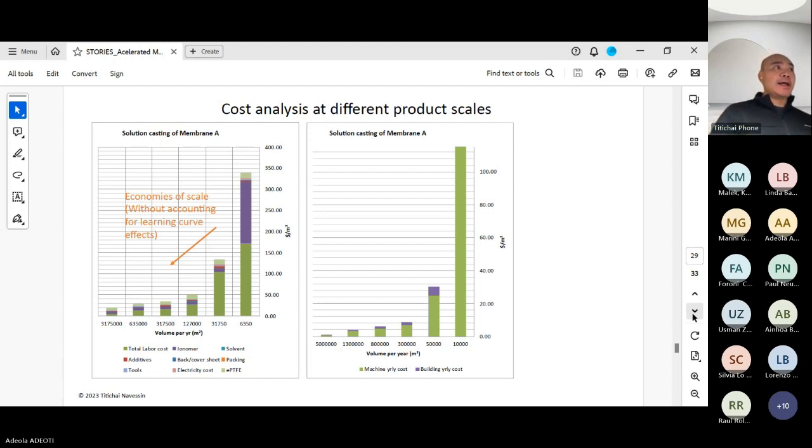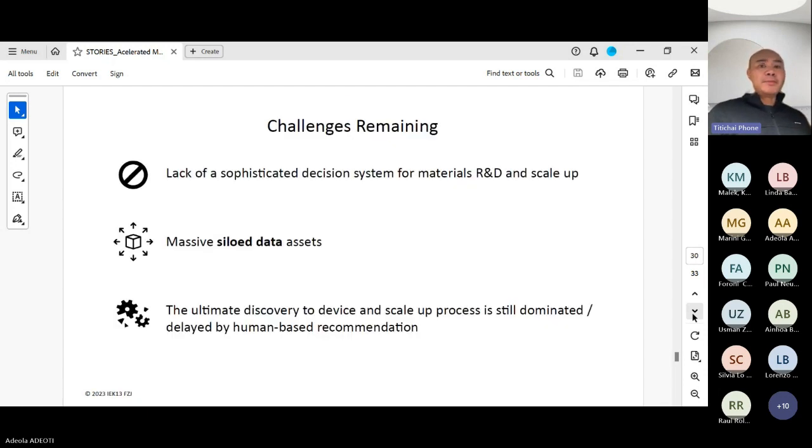So that's that. And the next slide, I wanted to maybe give a bit of a concluding what we've known so far, remaining challenges in the field of design, accelerated materials design. Right, we are trying to accelerate how materials is integrated downstream, but there's a lack of sophisticated decision systems and scale up. Right. Overall, there's massive silo in data.